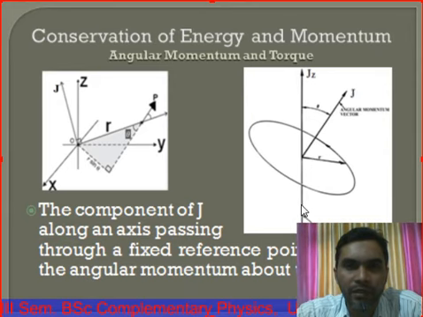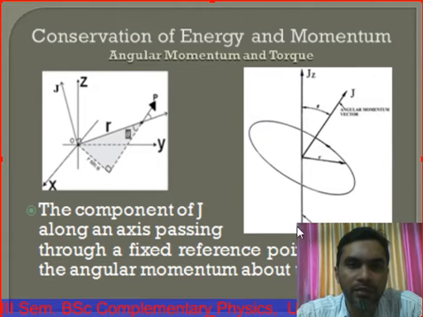And if we apply a magnetic field along some arbitrary axis, generally that arbitrary axis will be taken along the z axis. So this is the z axis. This electron angular momentum has a component along the z axis, and that component of angular momentum is called jz.